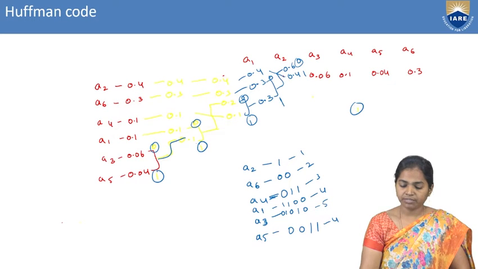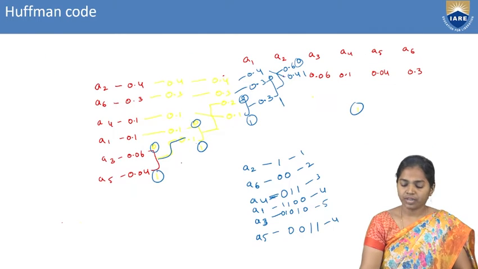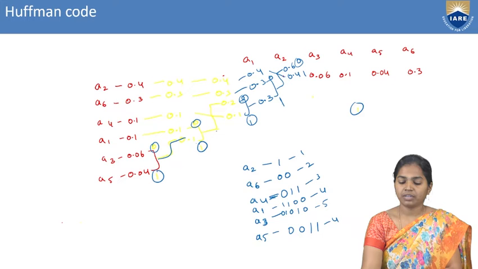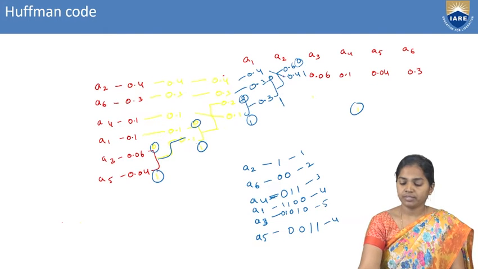Here for A3, 5. And what about A4, A5? Here A5, 1, 0, 0 and 0.3, 0. Here it is also 5 bits.